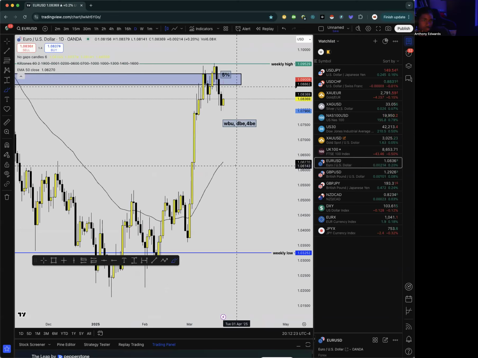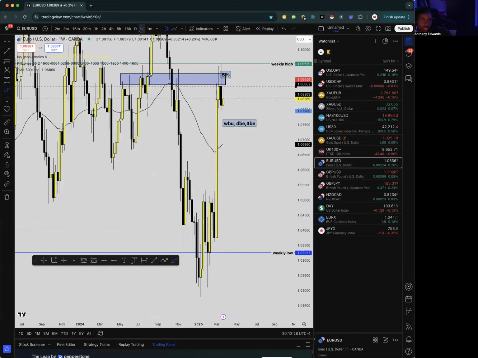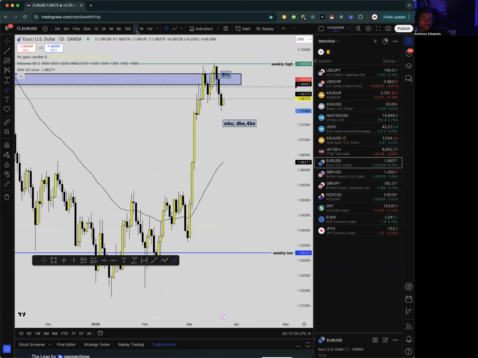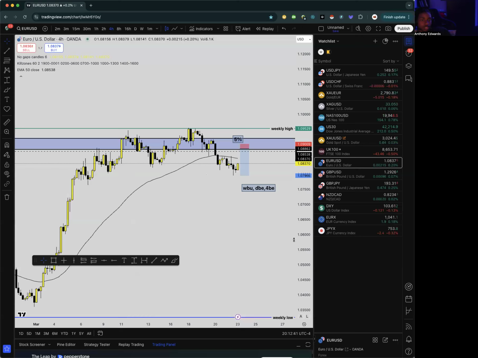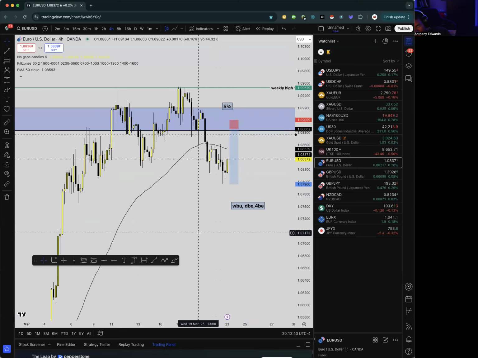Euro USD. I'm not really too invested into this trade, but as you can see, weekly is bullish, daily is somewhat bearish, 4 hour is also bearish.